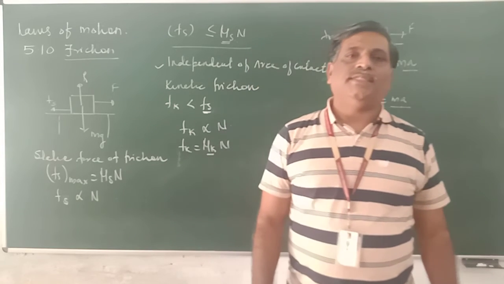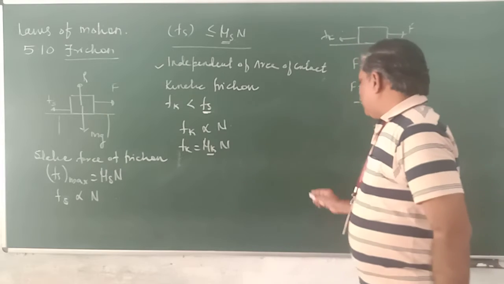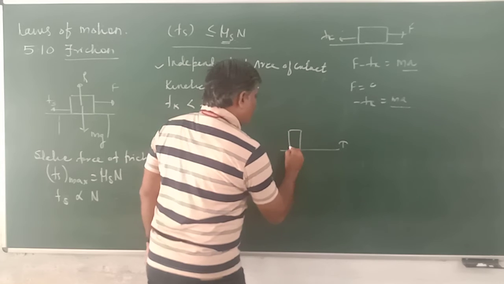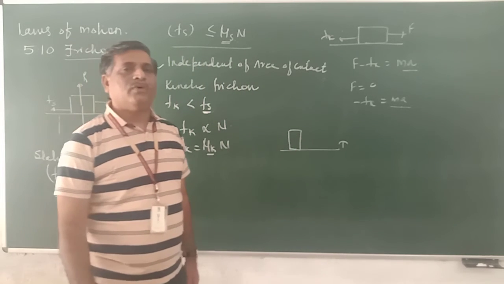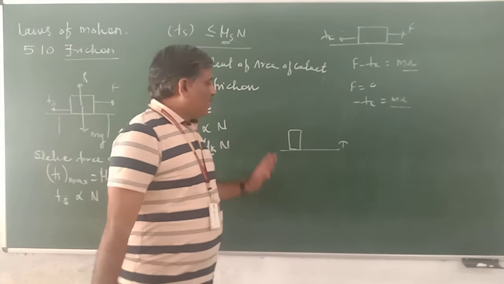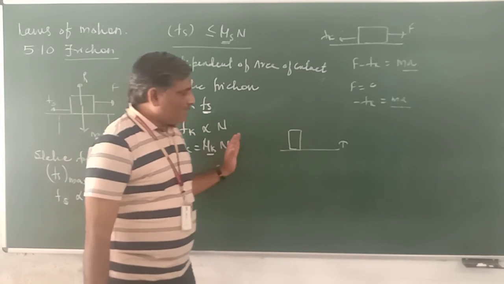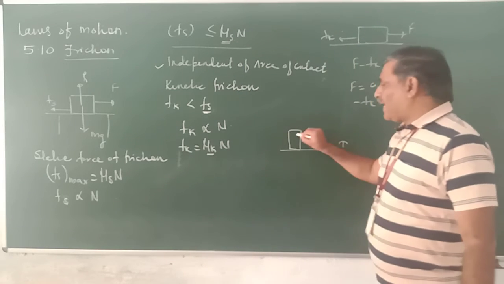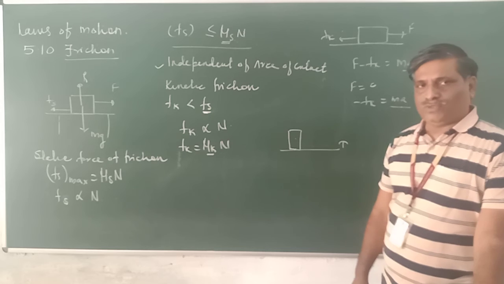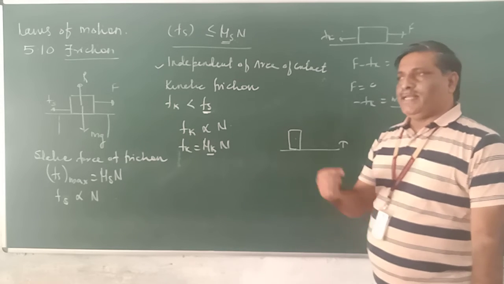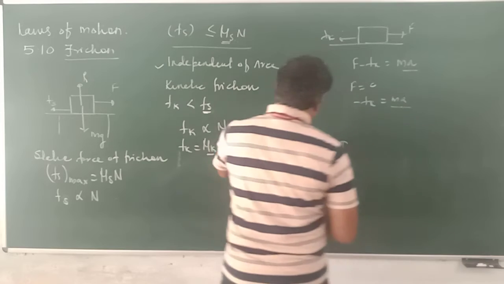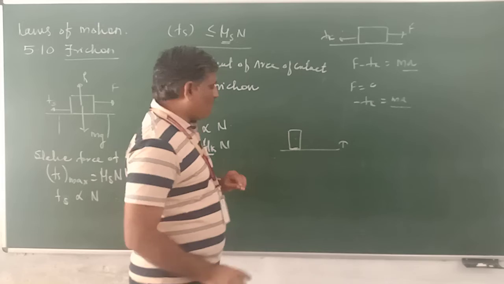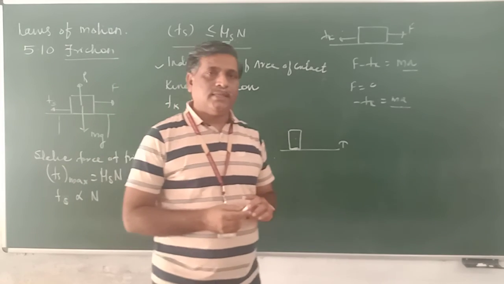So relative motion is important here. For example, this is a train moving, and one box is kept on the floor of the bogie. Now this box is also accelerated with the acceleration of the train. Which force is acting on this box? Nobody is applying force there. Let us think in this way: suppose there is no friction between the surface of the box and the surface of the bogie.